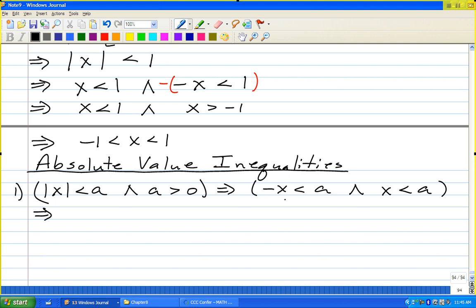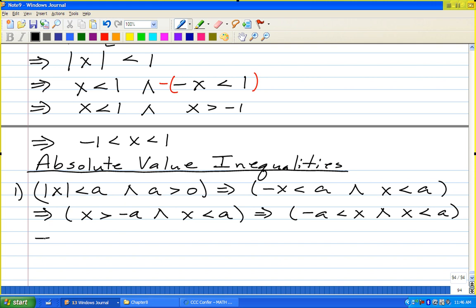And so if you multiply by negative 1, that would just say that x is greater than negative a, and x is less than a, which you could write as negative a is less than x, and x is less than a.